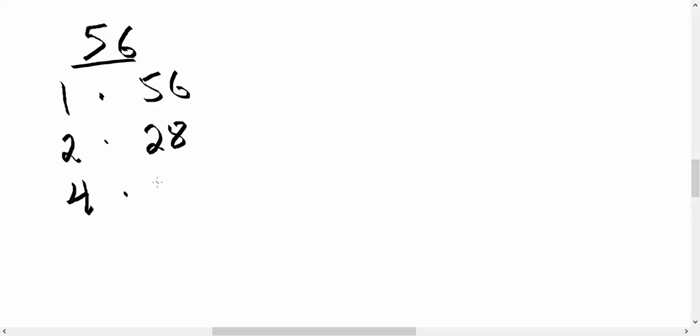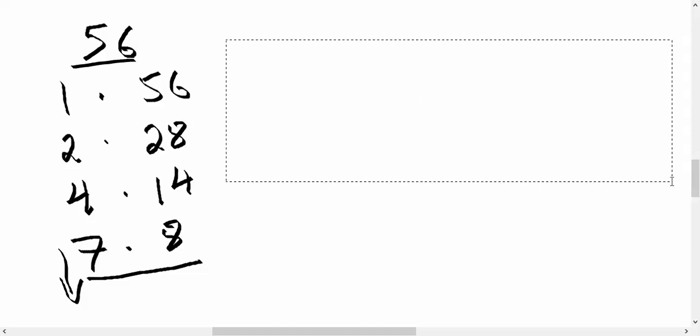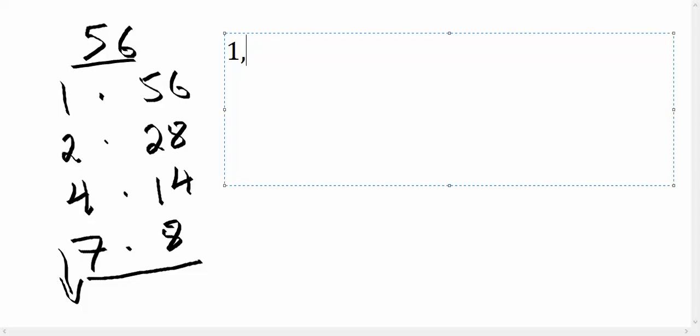So we have 4 times 14. Then 5 doesn't work, 6 doesn't work, but 7 does. 7 times 8. If I were to continue, they would actually cross, so I know I've reached the end. And so I've got all of the factors of 56 in one place. Let's list them: 1, 2, 4, 7, 8, 14, 28, and 56 itself.